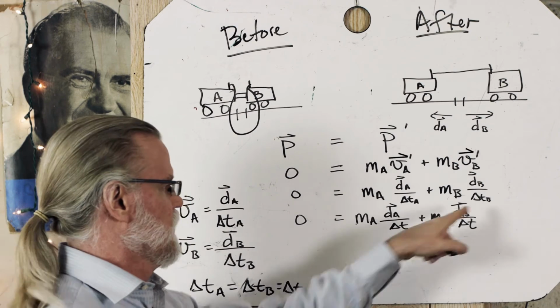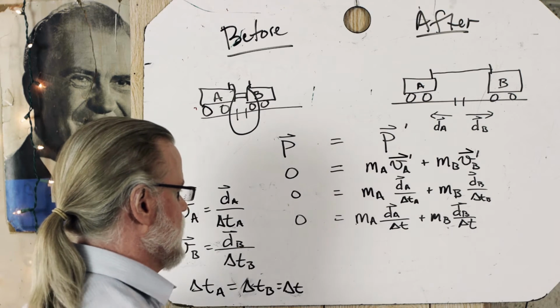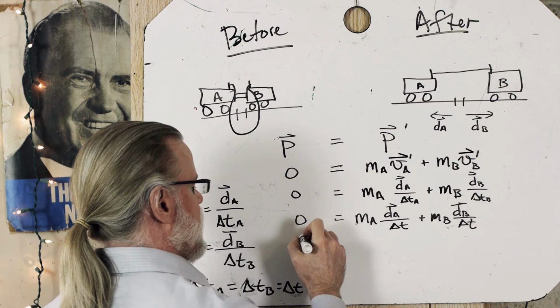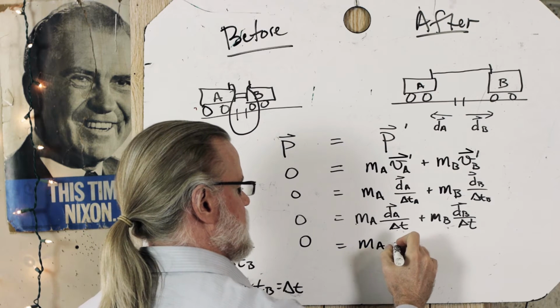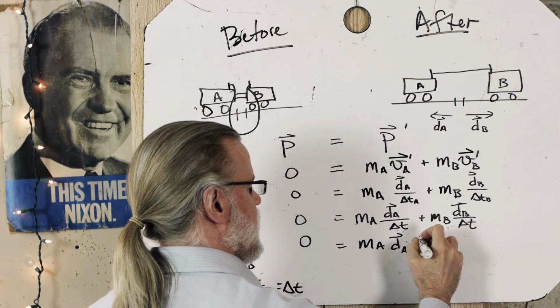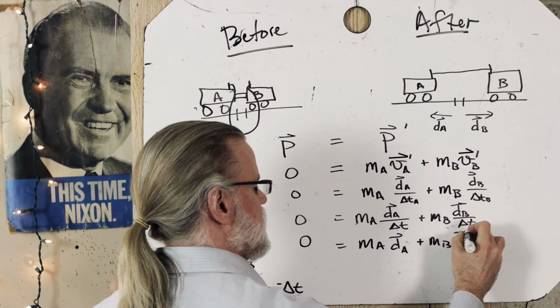Delta T goes away, and delta T times 0 is 0, so we get 0 equals mass of A displacement of A plus mass of B displacement of B.